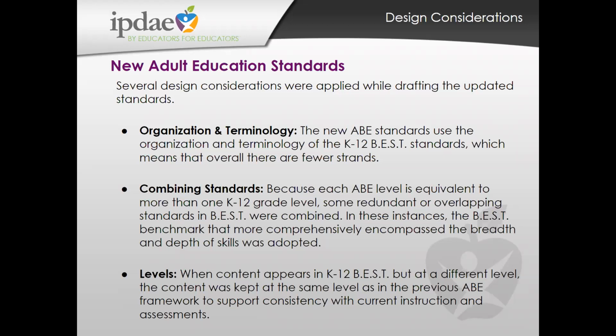So the new ABE standards are organized differently now, in a way that aligns to the new organization of the K-12 BEST standards. So what we did was we adopted the organizational system, and I'll show you an example, of the K-12 BEST standards, and we brought that over into the ABE standards framework.